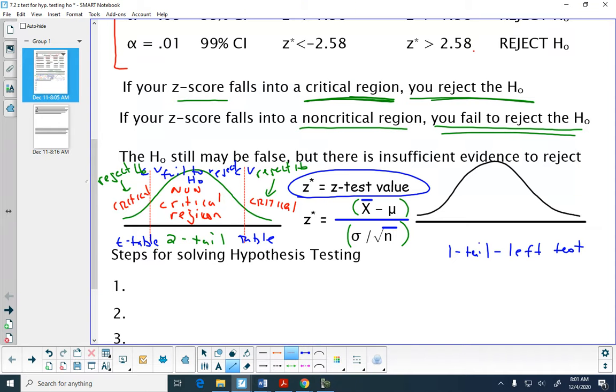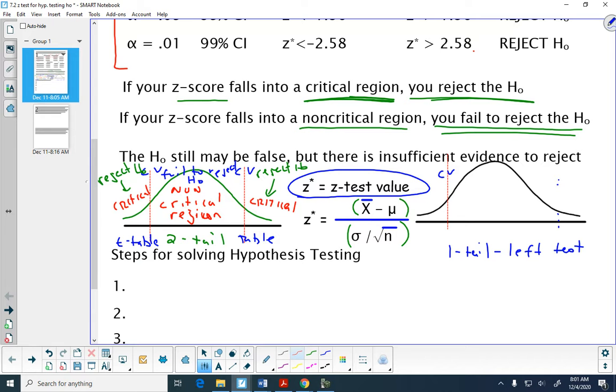What it means to be a left tail, or one tail left, is that it's going to be on the left side of our bell-shaped curve. This will be our critical value. It will be on the left side of the curve. If it was a right tail test, it would be over here. That's the only difference.